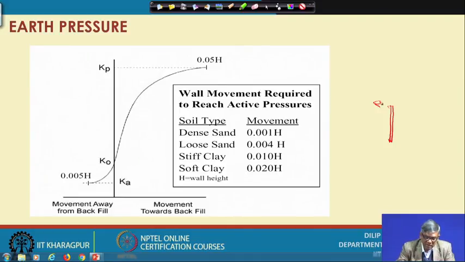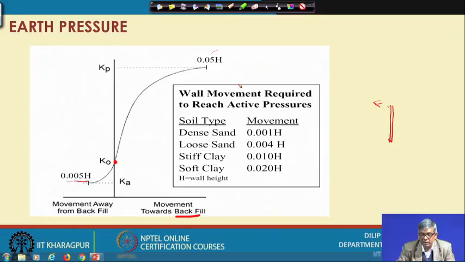You can see this diagram shows, as I have already told, the K naught condition, which is this pressure, and when it is Ka, the movement will be this much, 0.005 h, movement away from the backfill, and then movement towards the backfill, and that movement is 0.05 h.